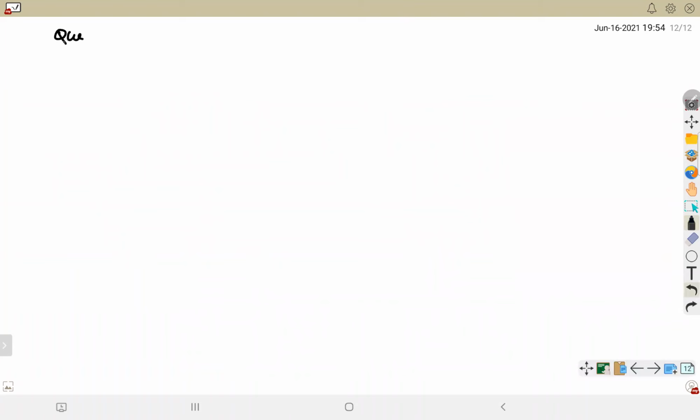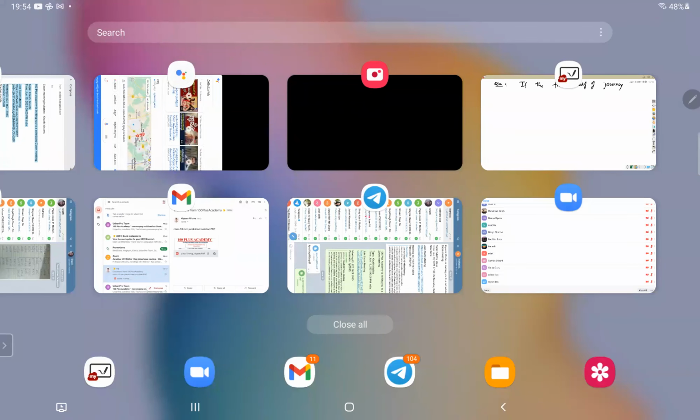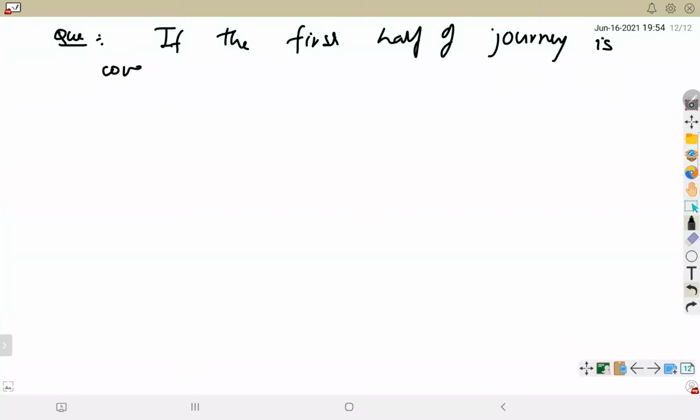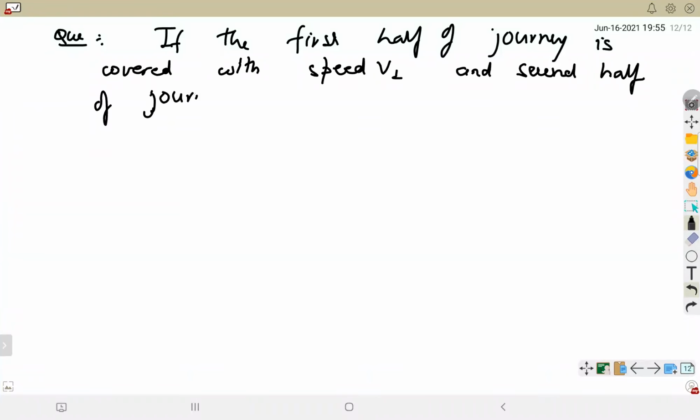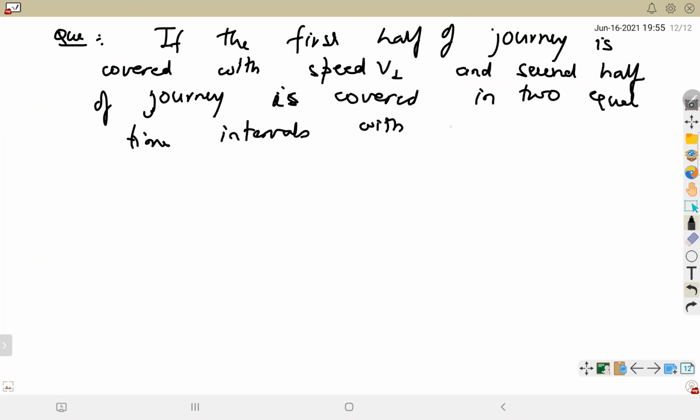Suppose the first half of the journey is covered with the speed v1, and the second half of the journey is covered in two equal time intervals, with the speeds v2 and v3.